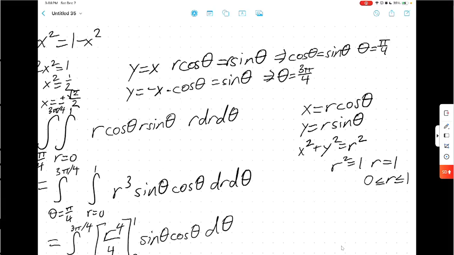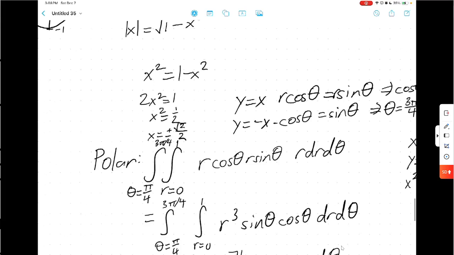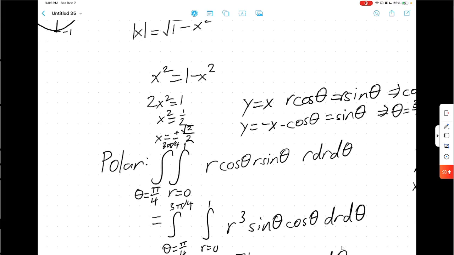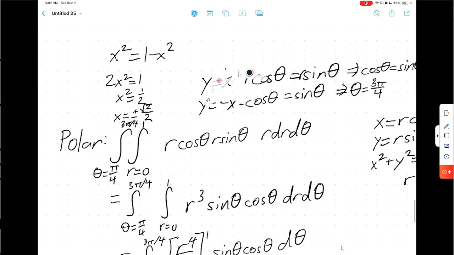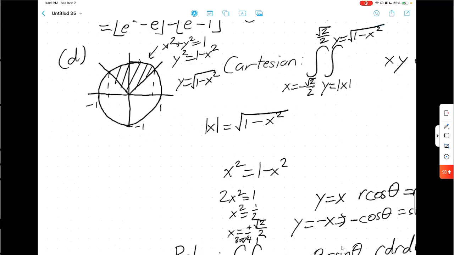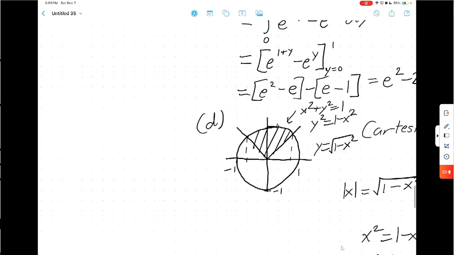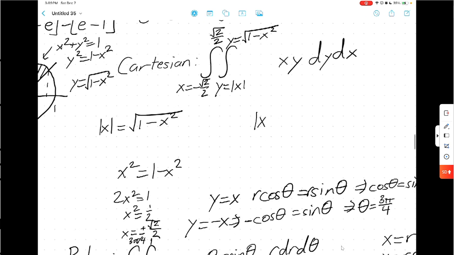Any other questions? Where did you get the y equals minus x? Yeah, okay, so this should be implied, but the y equals negative x is coming from the absolute value. Notice that at the positive portion, we have y is equal to x. On the side where x is negative, we have y equals negative x.